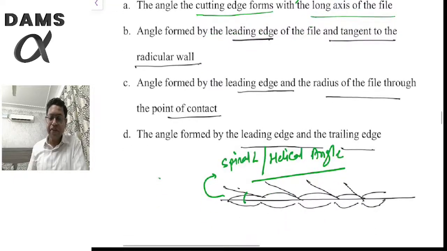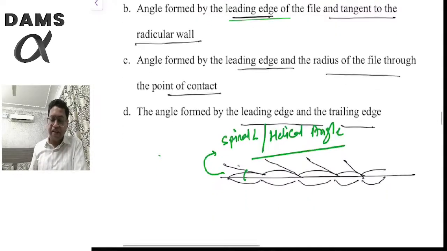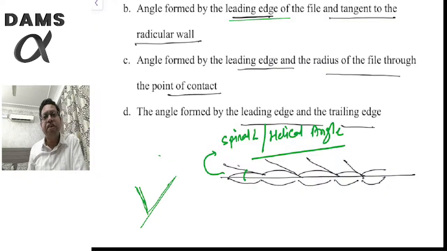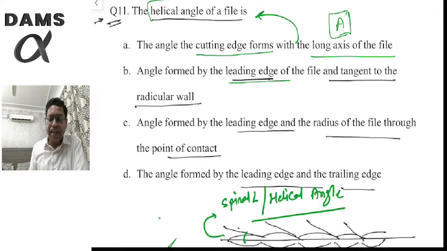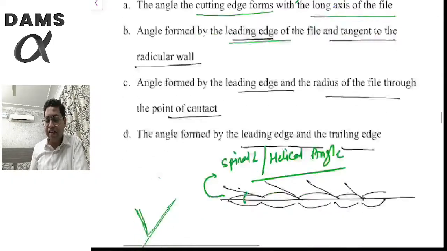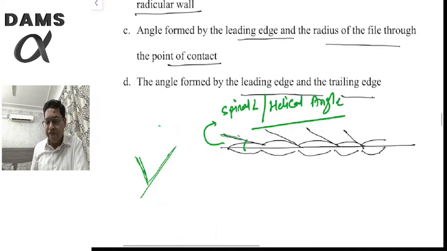Okay. Angle formed by the leading edge and the tangent to the radicular wall. Angle formed by the leading edge and the radius of the file, when we see the file in the cross section. Leading edge and tangent to the radicular wall. These are different angles. The question is basically asking you about the helical angle of the file. So the helical angle is simply the angle between the blade and the long axis.